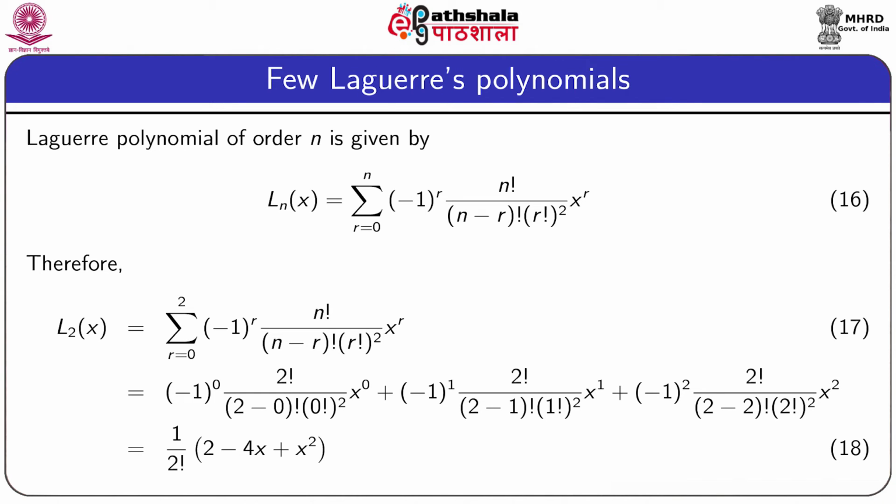If you add all these 4 terms and simplify, you will get L3(x) equal to 1/3! (6 - 18x + 9x^2 - x^3), given by equation 21.